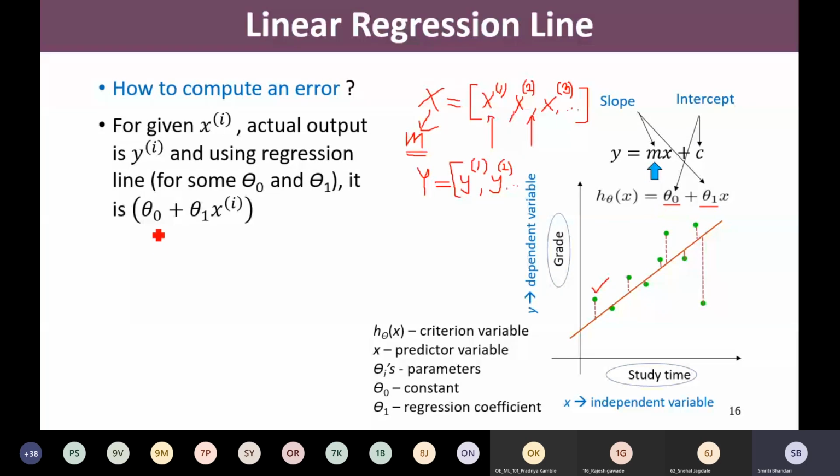So it is nothing but theta 0 plus theta 1 xi. So for my ith sample, my output would be theta 0 plus theta 1 xi. So this is my predicted output. What is my actual output? My actual output is yi for the given sample xi.